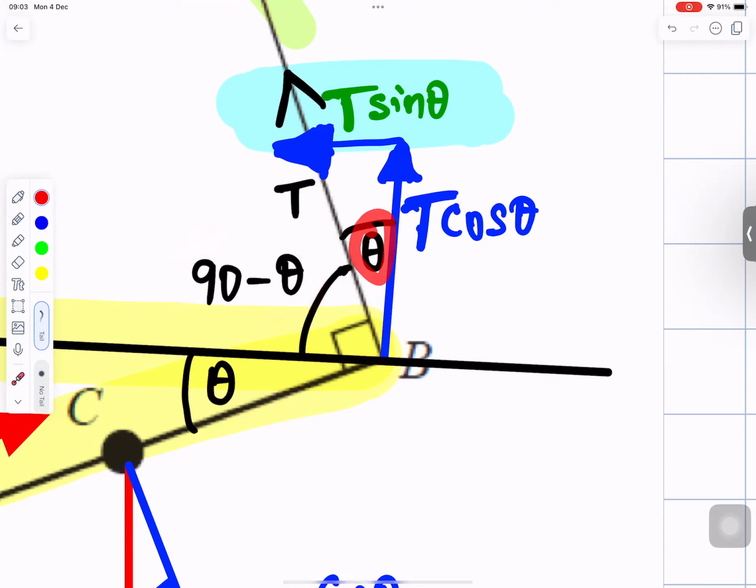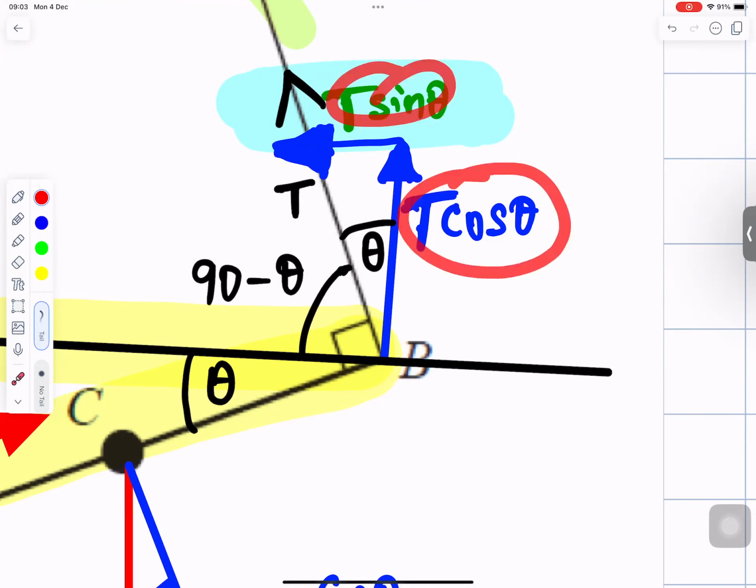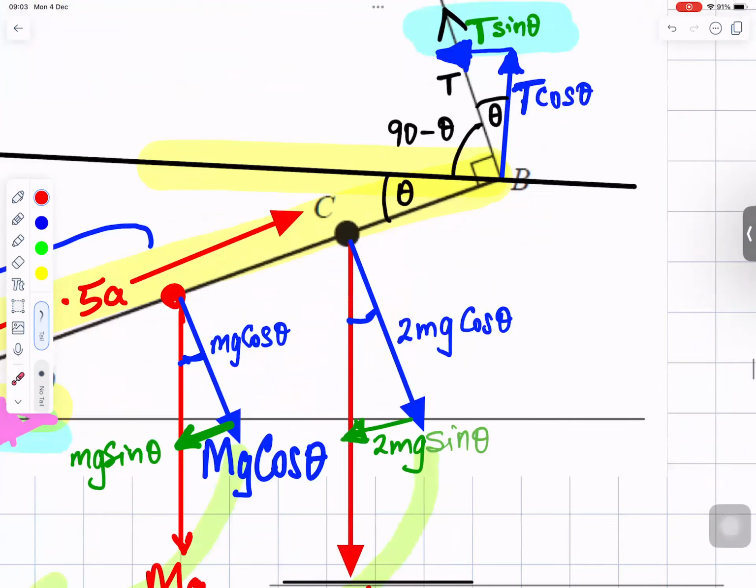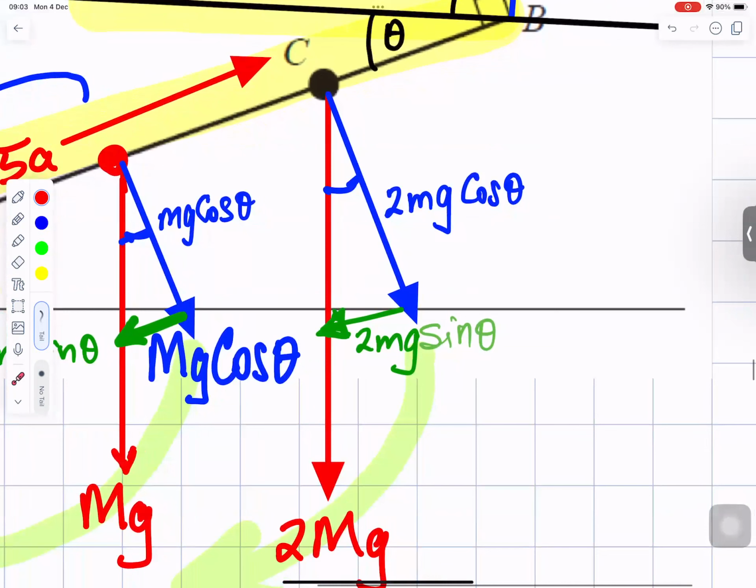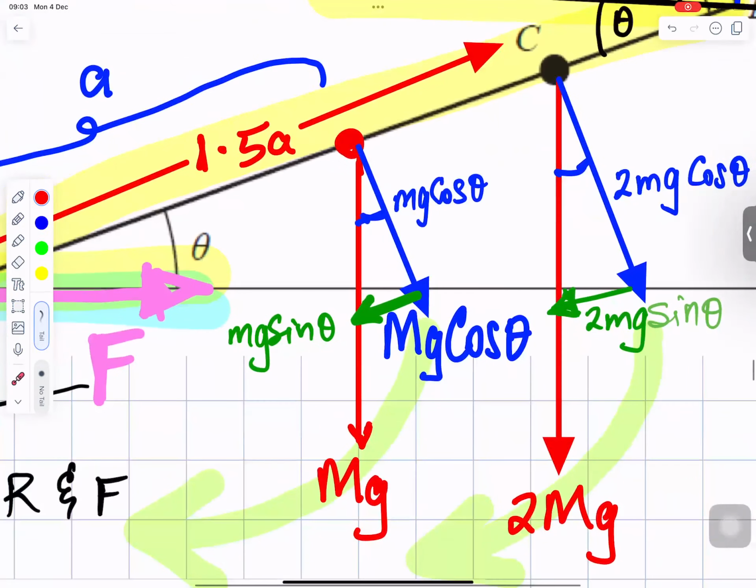So using this triangle at the top corner, this one is T sine theta, opposite over hypotenuse, and this one is T cos theta. So we want to resolve that into T sine theta and T cos theta. We come here, we resolve this one into 2mg cos theta, 2mg sine theta. We come here, we resolve this one into mg cos theta and mg sine theta.